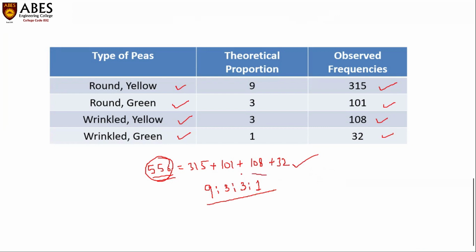The theoretical distribution says that if 9 plus 3 plus 3 plus 1 equals 16 seeds are randomly selected, then 9 seeds should belong to category 1, and so on. Now, if we want to verify whether the theoretical distribution of data matches the observed distribution of data, we need to apply the chi-square test.